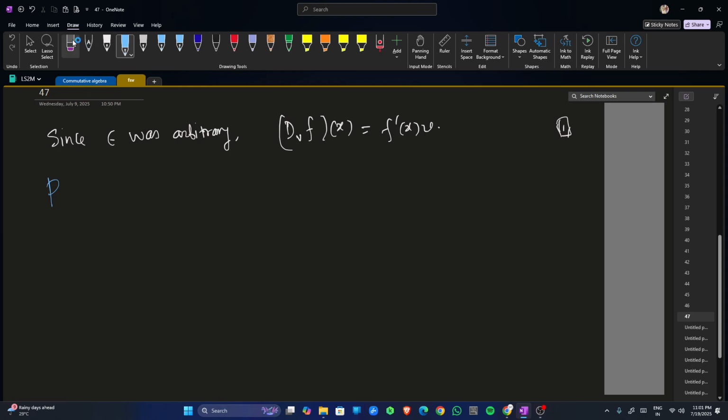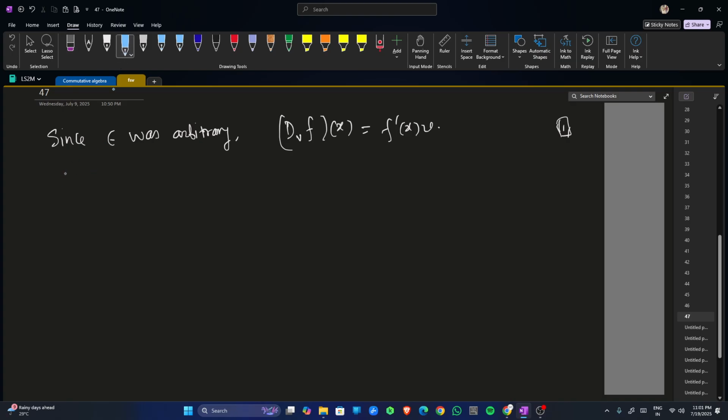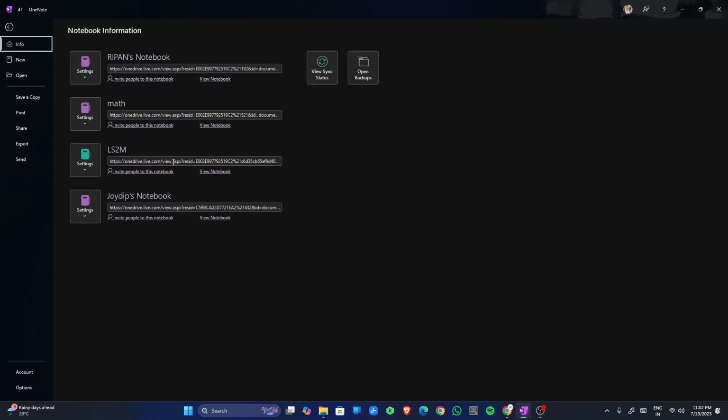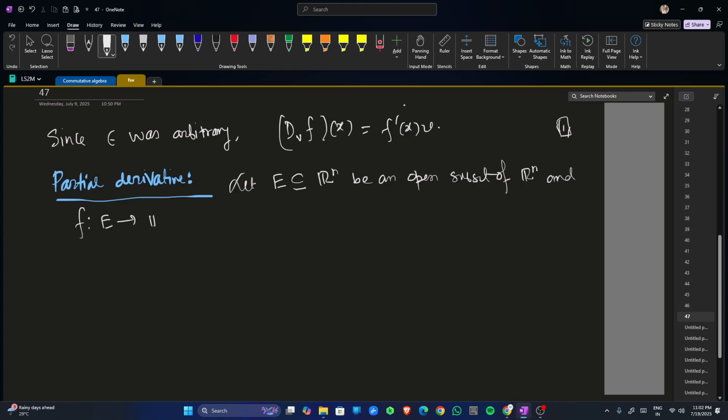Partial derivative. Let E be an open subset of R^n, and f is a mapping from E to R^m.